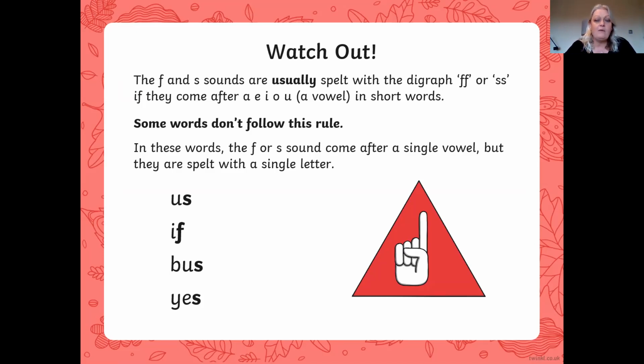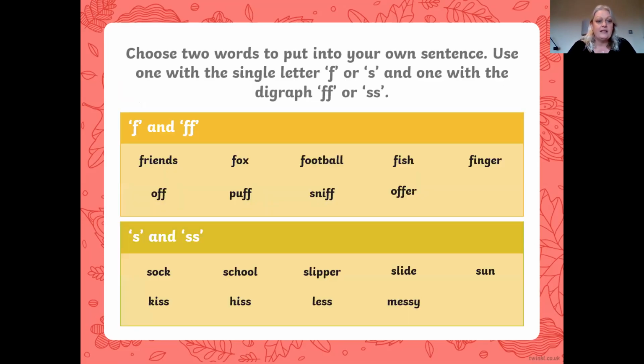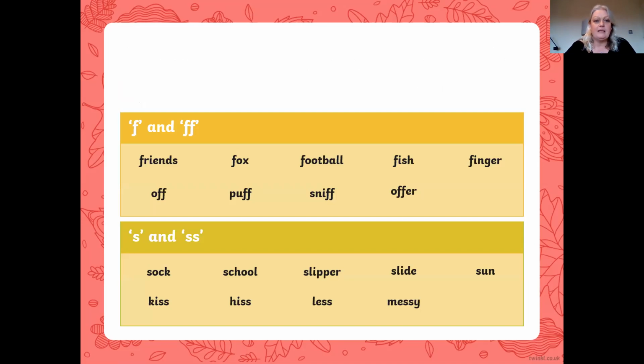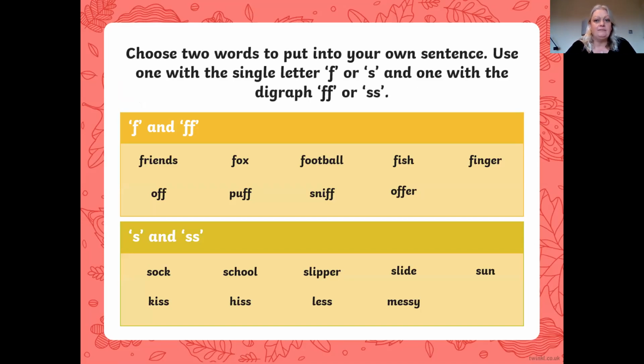So pause the video or go back to the beginning if you would like to take this a bit slower. I'd like you to choose two words to put into your own sentences. Use one with the single f or s sound and one with the digraph ff or ss. So two sentences.